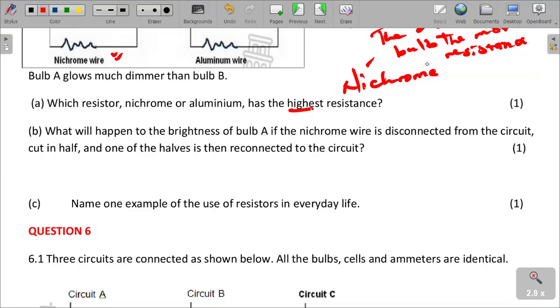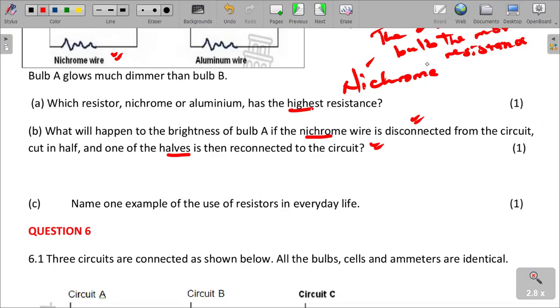What will happen to the brightness of bulb A if the nichrome wire is disconnected from the circuit, cut in half, and one of the halves is then reconnected to the circuit? So we are talking about the length of the resistor.